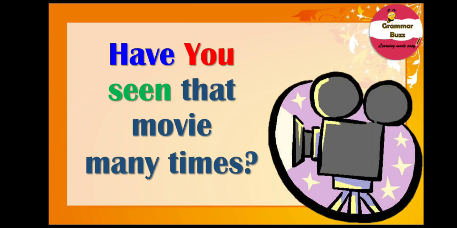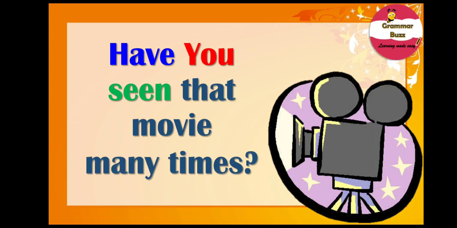And in this sentence, we have used have plus the subject, that is you, plus the past participle form of the verb see, that is seen. And we have closed the sentence with a question mark. Right? So it's that simple.